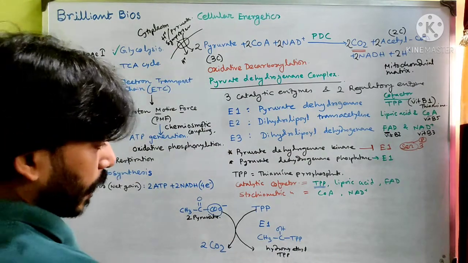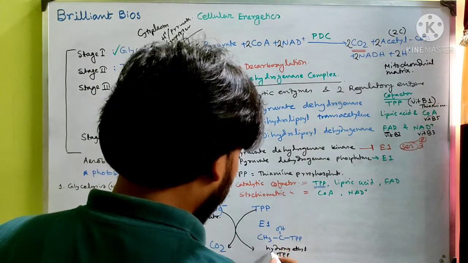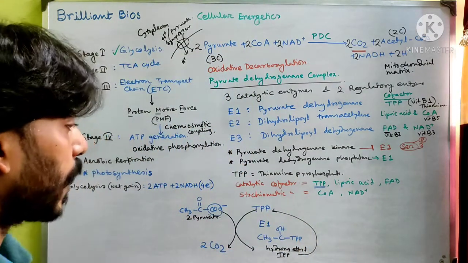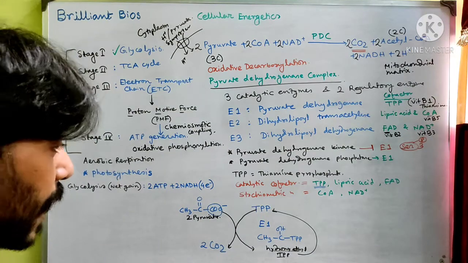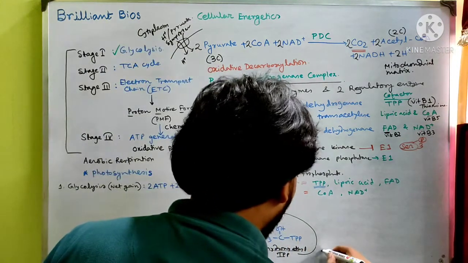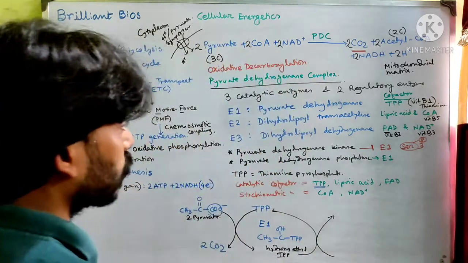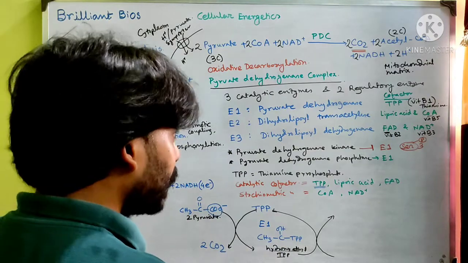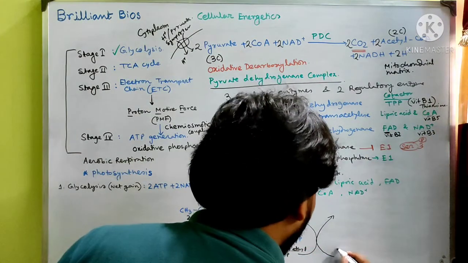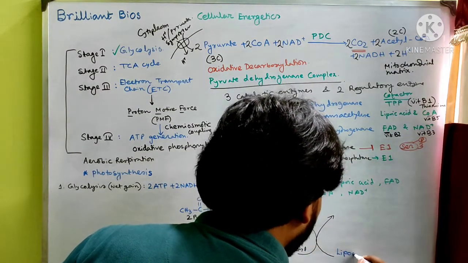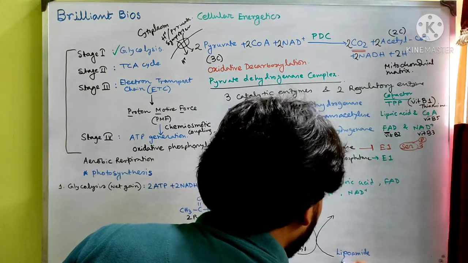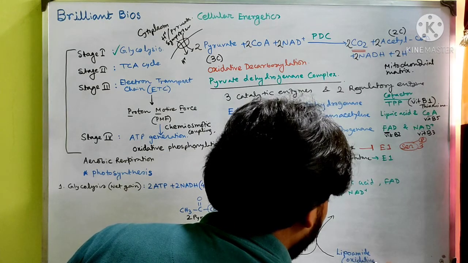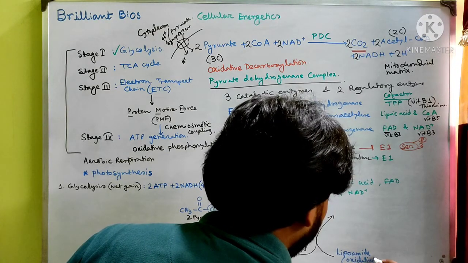Now to convert this hydroxyethyl TPP, another enzyme, or actually another cofactor, takes part. This cofactor is called lipoic acid. The functional part of lipoic acid is called lipoamide. This lipoamide is in oxidative conditions.